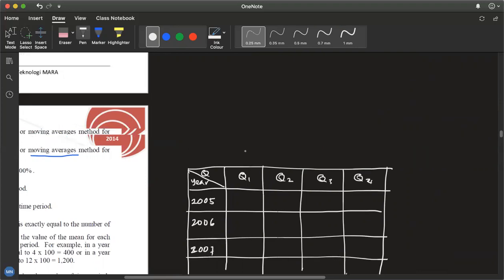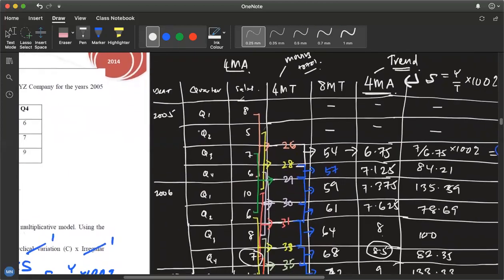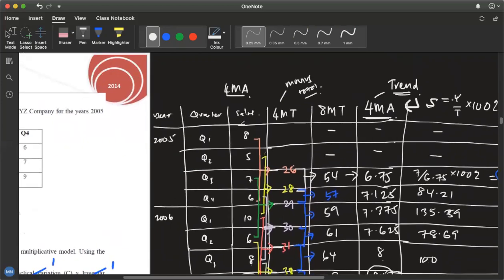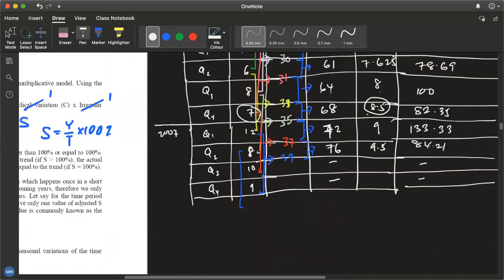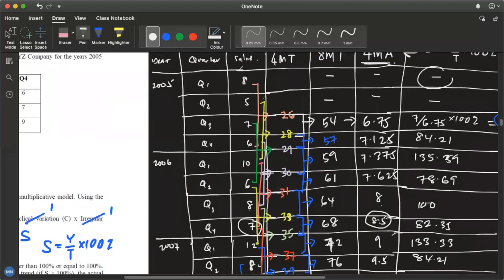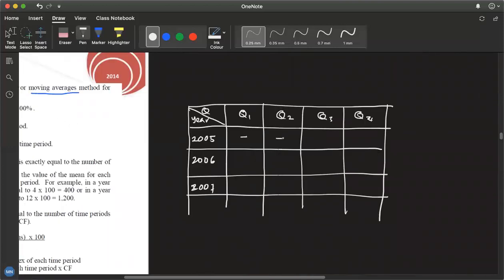So all these values are taken from the original table that we already calculate. Right? This is for moving average, and this is a seasonal variation. So we will tabulate the value. So the first value for 2005, quarter number 1, there are no value. So this is no value, no value.